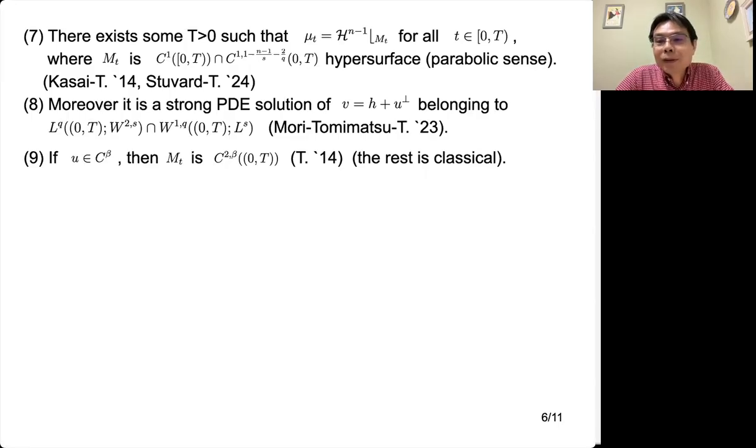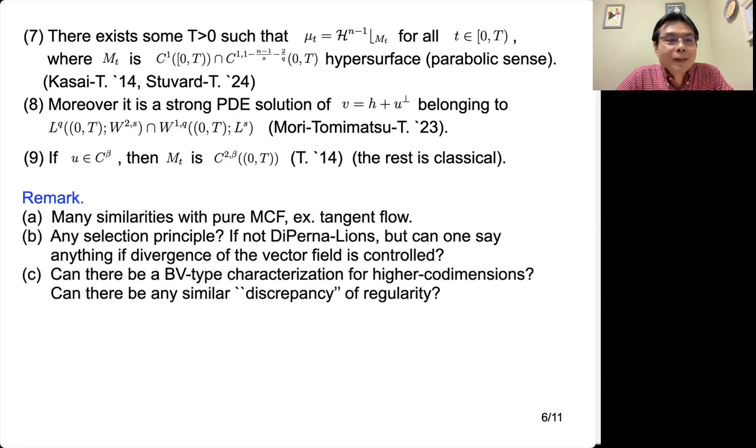Just a remark is that there are some critical cases somewhat close to the pure mean curvature flow, in the sense that without this extra term, you have just mean curvature flow, and there are a lot of things to know about mean curvature flow, and a lot of things go through for this subcritical case.